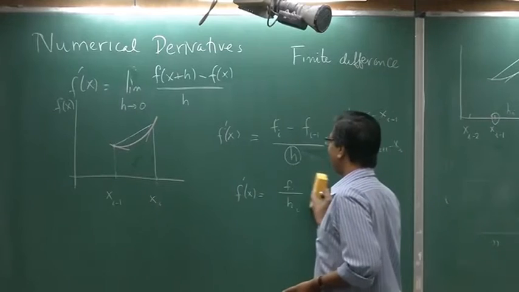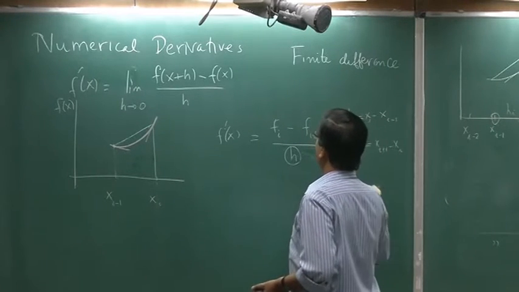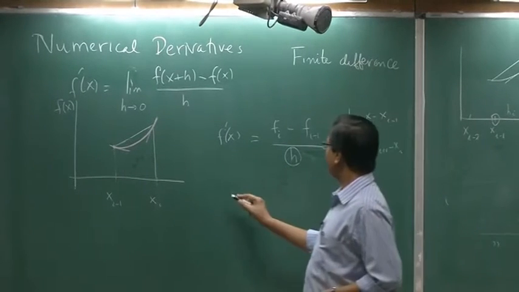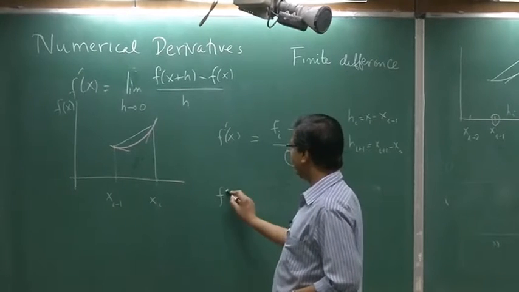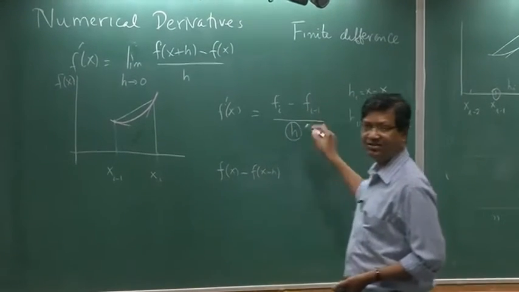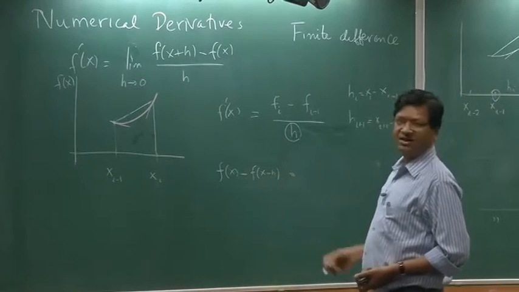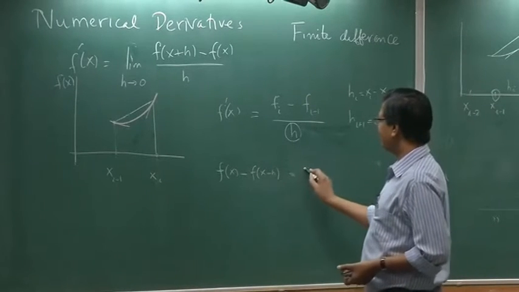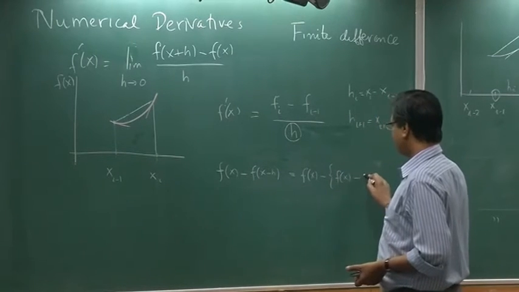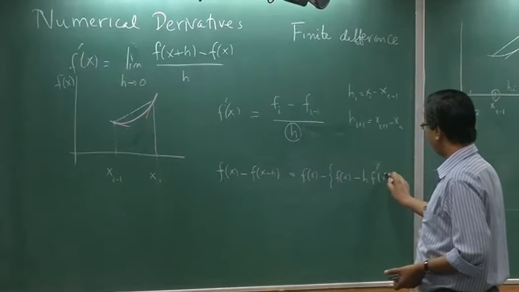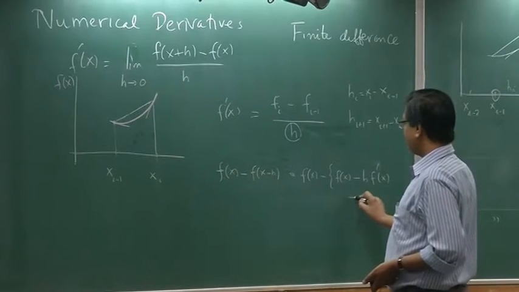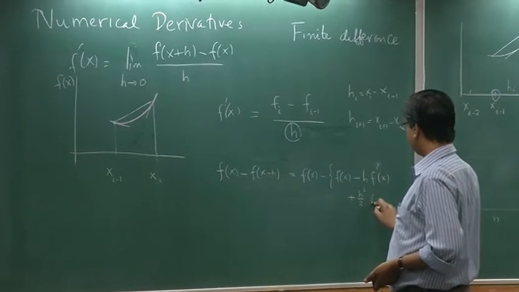Let us try to estimate how you get the error. Somebody says, well, this is the formula I am using. One simple way to do it is f(x) minus f(x minus h). I use the Taylor series. So f(x) will remain as it is, minus f(x) minus h f prime of x. The next order term is h squared by 2 double derivative.